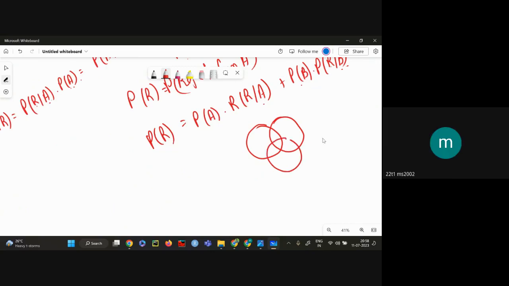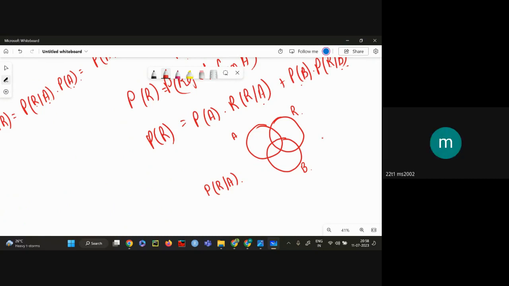Probability of rejection given it is coming from A, correct?